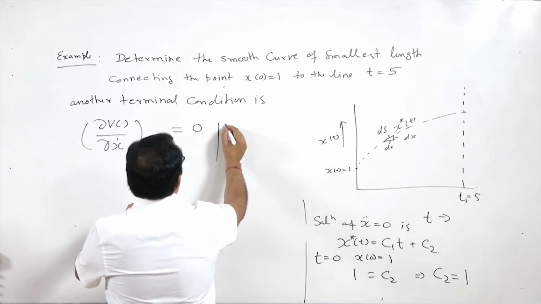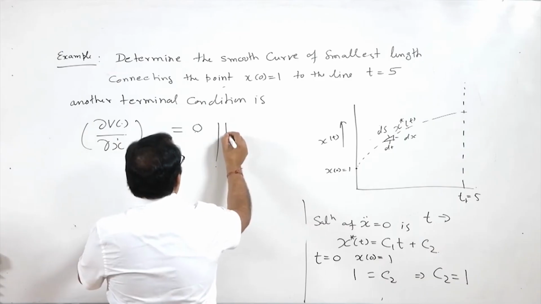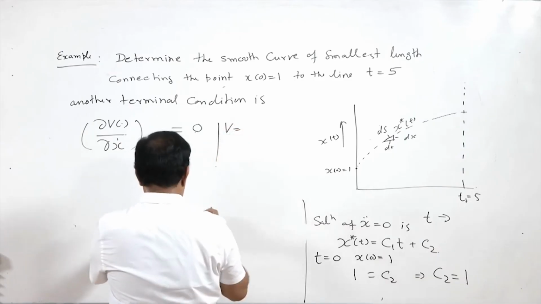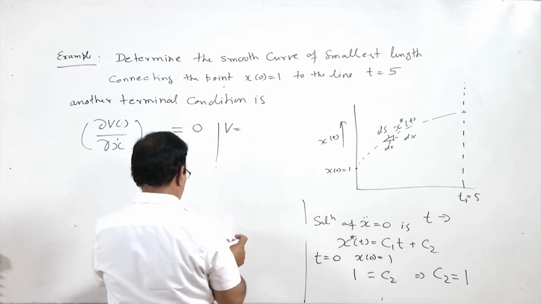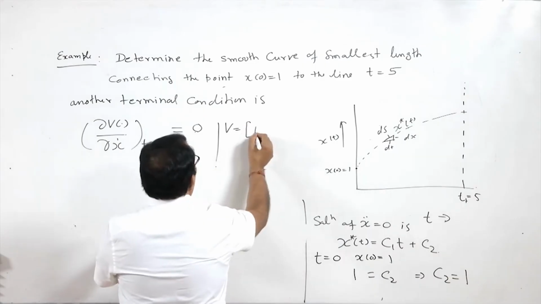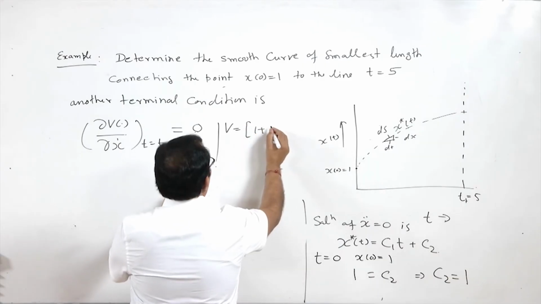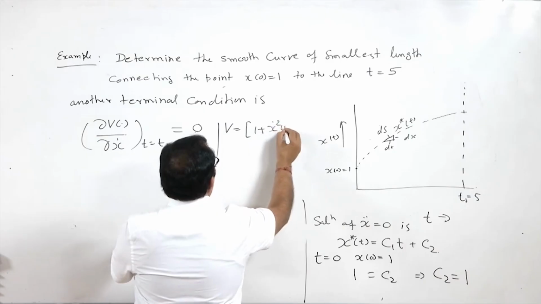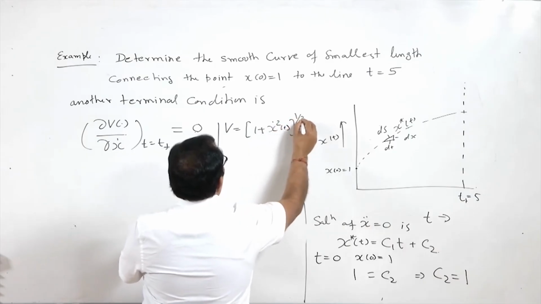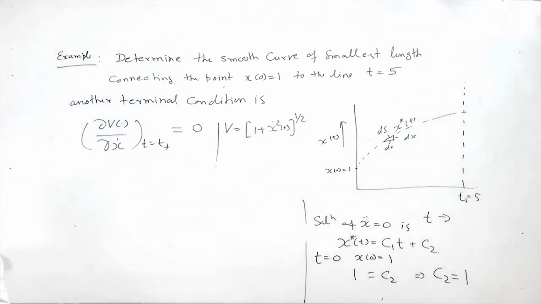I was given V as square root of 1 plus x dot squared t.